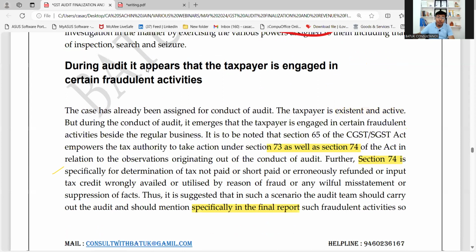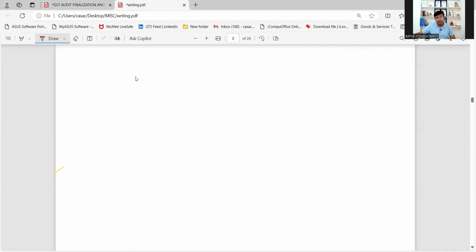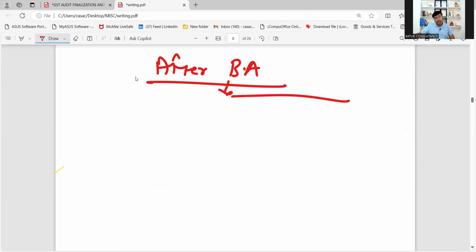But if during the business audit activity, you found that the taxpayer is engaged in certain fraudulent activities, कुछ एक्टिविटीज में वो डीलिंग कर रहा है but the business model is not fraudulent, in that case we have section number 74 of CGST Act because post doing the business audit or after the business audit we are going to pass our order under section number 73 or 74.